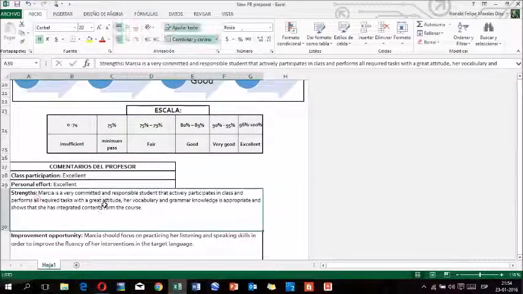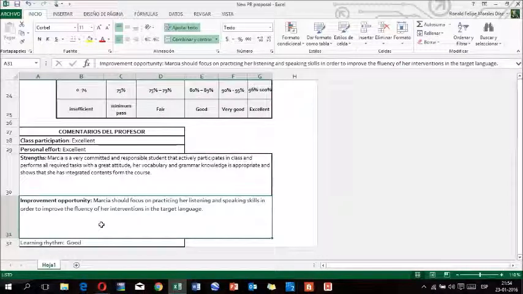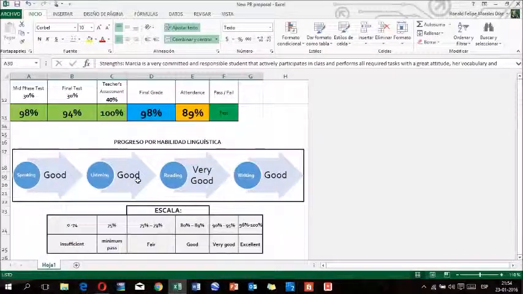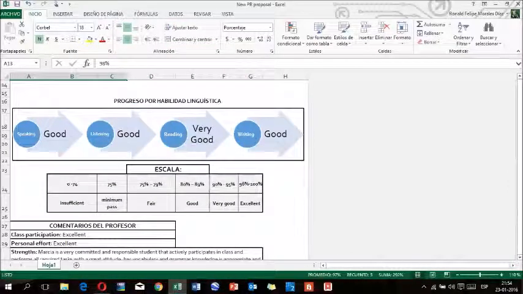When you talk about the strengths, you talk about her positive aspects. When you talk about improvement opportunities, you talk about the ways in which she could improve her learning process, and obviously being consistent between the information you give about the percentages and the information you give about your evaluation of each ability.